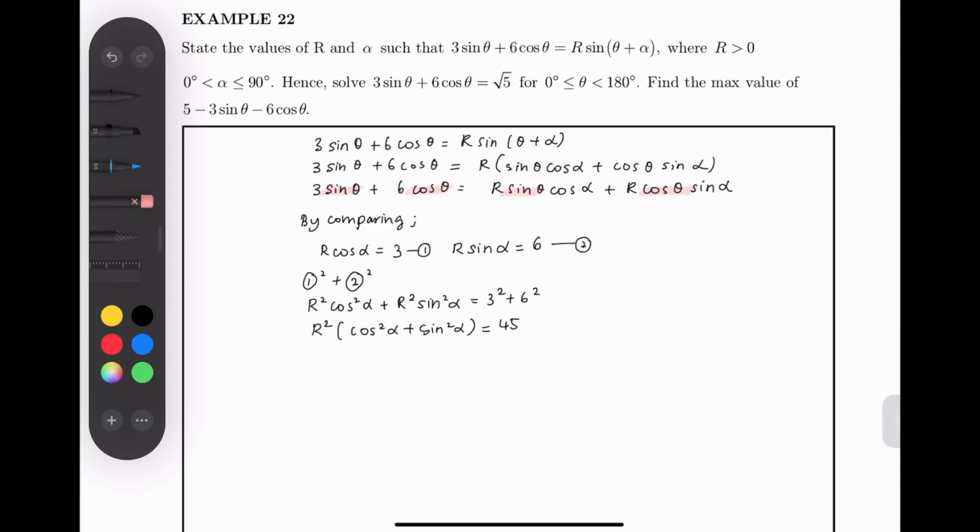We know from previous knowledge that cos squared alpha plus sin squared alpha equals 1. So R squared equals 45 and R equals plus minus root 45. But since the question said that R is greater than 0, therefore R is root 45.